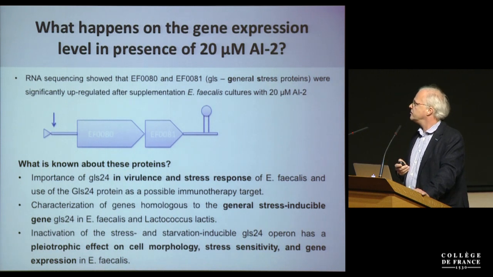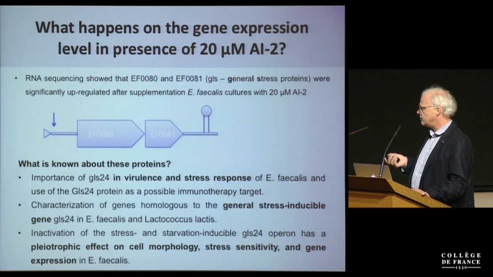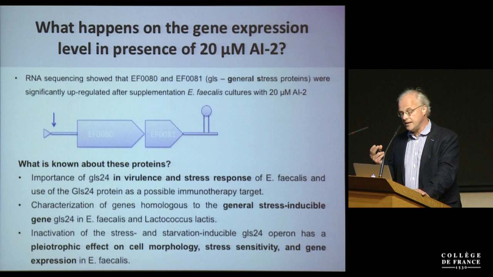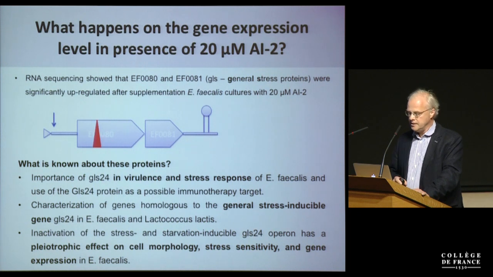They are general stress proteins, and there have been several papers describing them to be involved in stress responses, with stress-inducible pleiotropic effects on cell morphology, stress sensitivity, and gene expression in Enterococcus faecalis. Although quite a number of papers have looked at this, the exact mechanisms of how these genes work have not been elucidated.